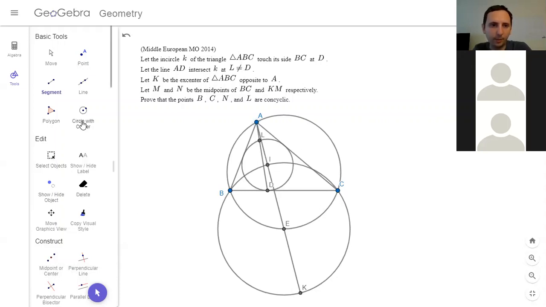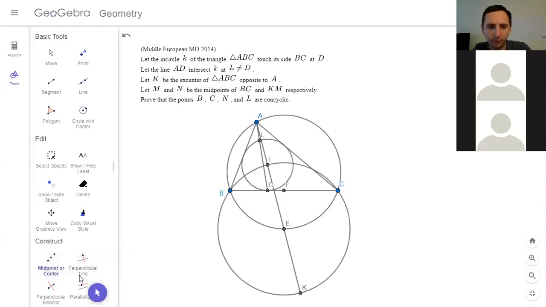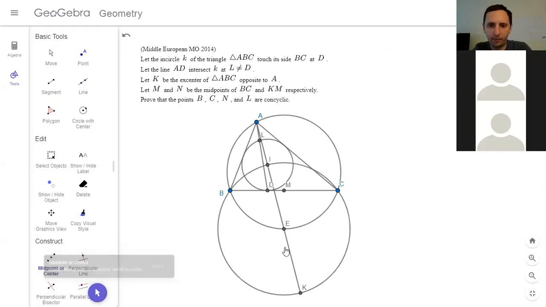M and N are the midpoints of BC and KM. That's interesting. So first we let this be M, and then we let N be the midpoint of KM. So basically EF is parallel to IM.